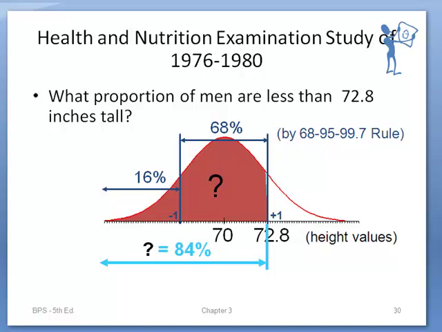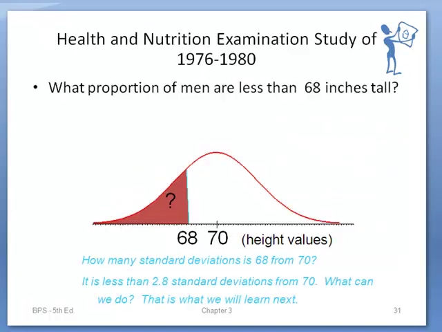On the slide is one way to get it, but another way, the way that I'm going to show you, is that half of the distribution, below the mean, is 50% of the men, and we know that between the mean and one standard deviation is 34%. So 34% plus the 50% gives us 84%. So there are many different ways to figure these out.